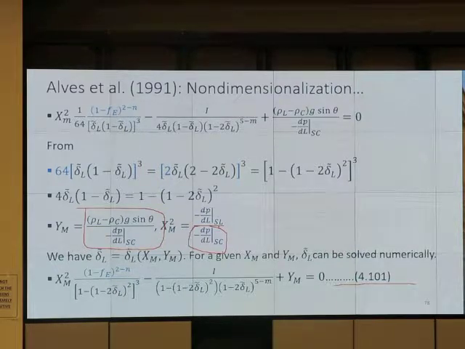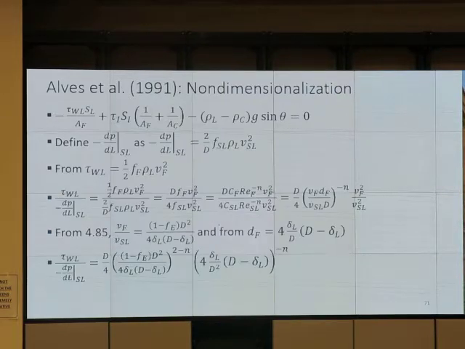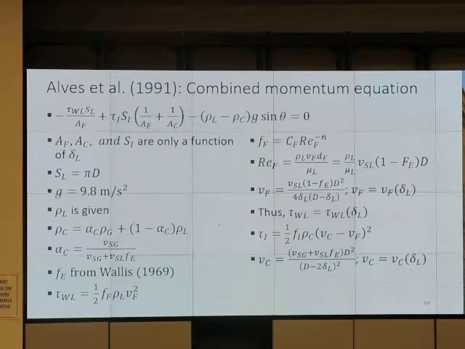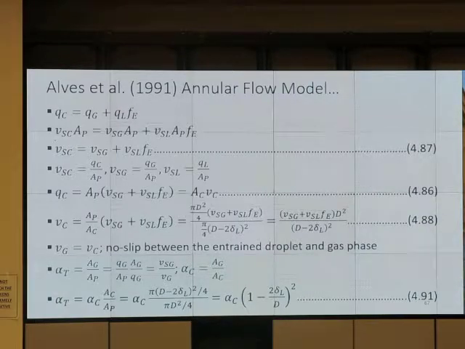How much is the superficial core velocity? We don't know it until we get F sub E, do we? The Reynolds number of the core depends on it. The superficial core velocity is V_SG plus V_SL multiplied by F_E. So if you have F_E, you can calculate the superficial core velocity.